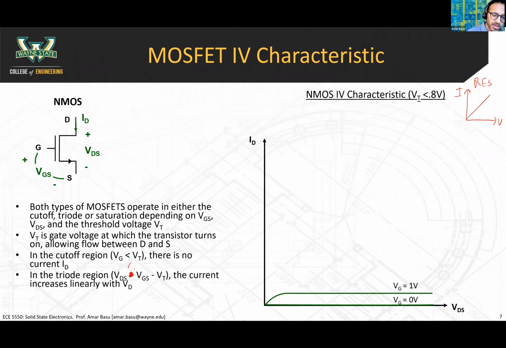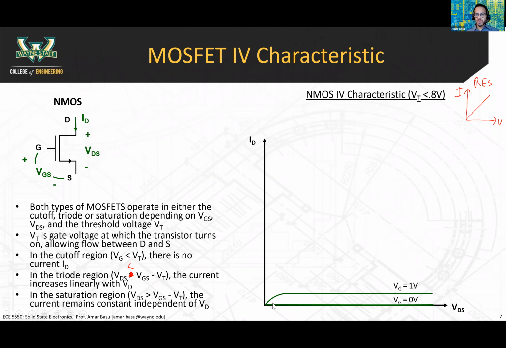This should be a negative sign here. At small values of VDS, we are in what's called the triode region. The current, just at the beginning of it, starts increasing linearly as a function of VDS, and then you get this tapering off effect at the end of the triode region. And then the saturation region is out here, where you see more of a flat line.